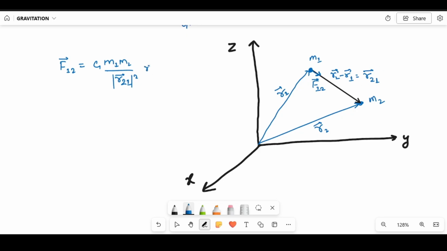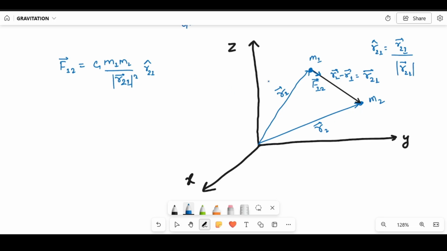So we can use here unit vector along r21, and this unit vector you know already: r21 unit vector can be given as vector r21 divided by its magnitude. So this is the unit vector.